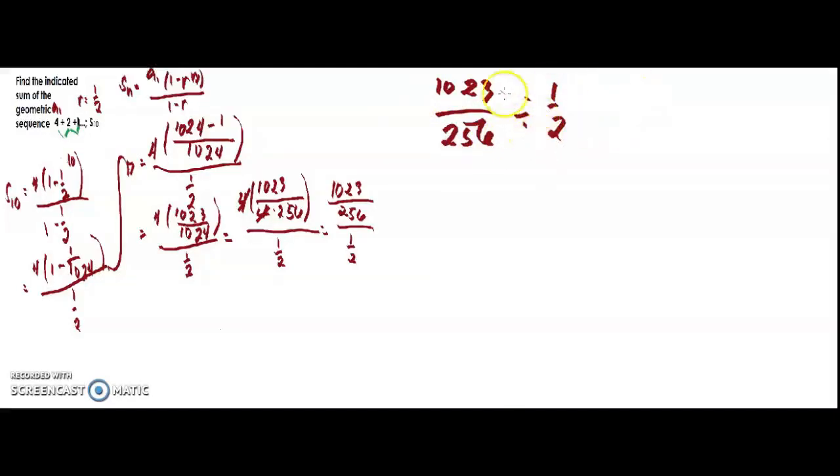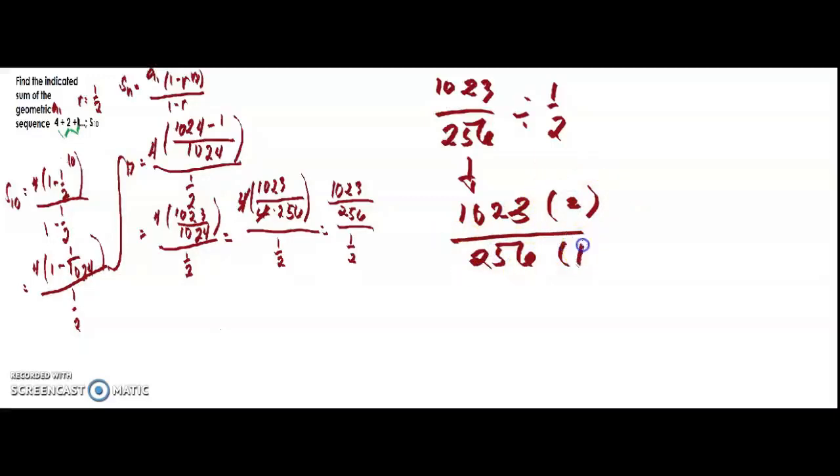And we know that if we are dividing two fractions, we have to get first the reciprocal of this one and proceed to multiplication. Ang shortcut nun, cross multiplication. So, dito tayo. Okay, 1023 times 2 over 256 times 1. 256 times 1 is still 256. So, di na natin kailangan si 1 dyan.